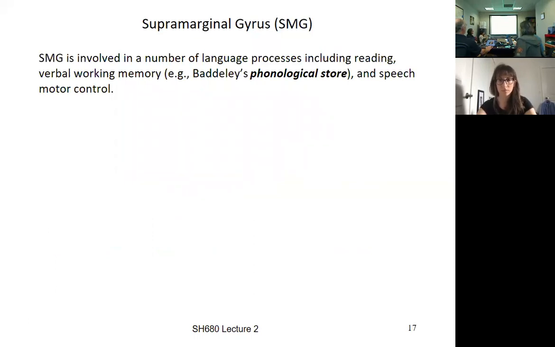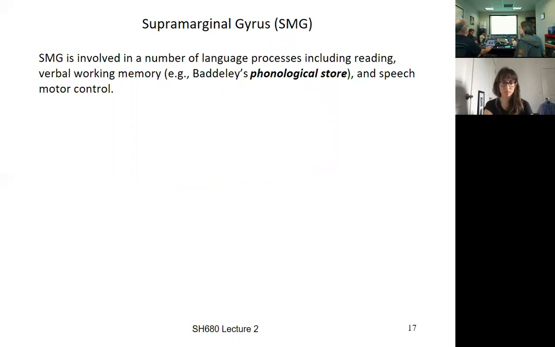As I mentioned, it's involved in a lot of things. So, for example, in the verbal working memory literature, a lot of people associate it with the so-called phonological store in Baddeley's model, which is a buffer for representing short-term auditory signals as phonological units.